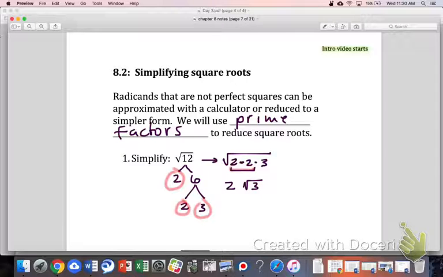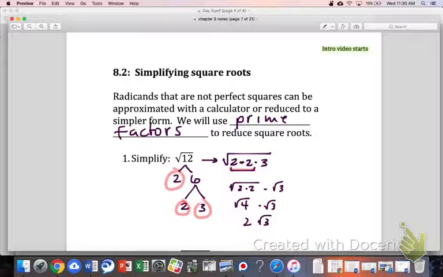Some other ways to look at this, if you prefer: you could look at the square root of 2 times 2 times 3 as the square root of 2 times 2, we'll get into this a little bit later, times the square root of 3. The square root of 2 times 2 is the square root of 4, and of course the square root of 4 is 2. So 2 times the square root of 3, that would be another way to look at it.